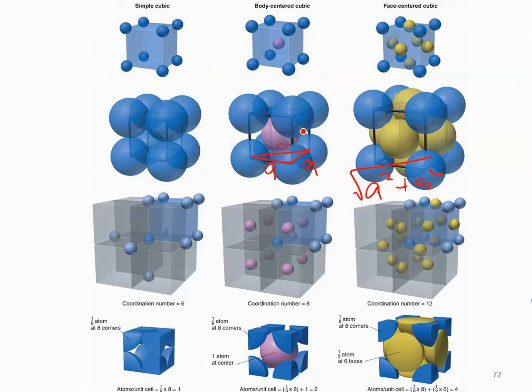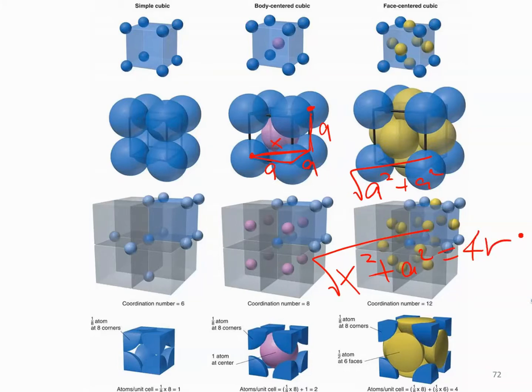Or I write as X. This is X, okay? And then we know this is also A. So this is X, this is A. So you want to find this distance between this point and this point, then you get the square root of X squared plus A squared, and equal to 4R.